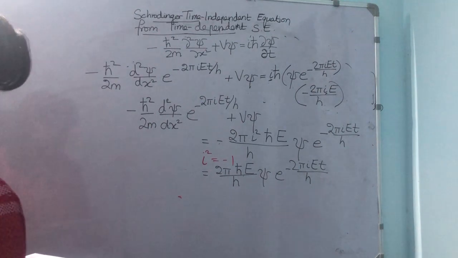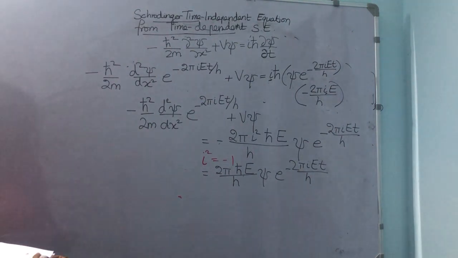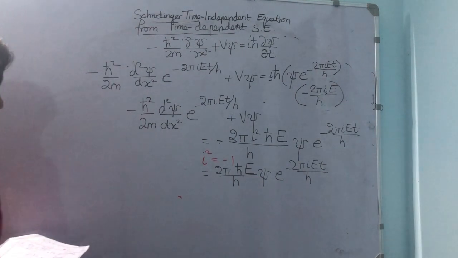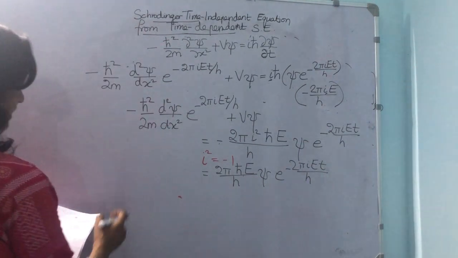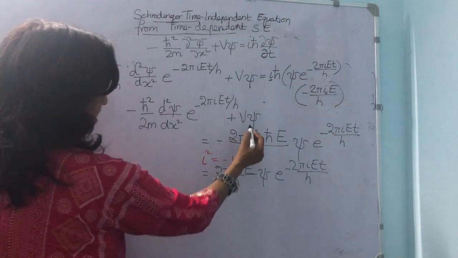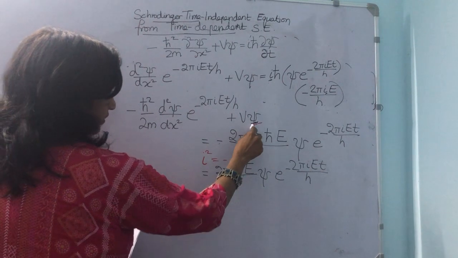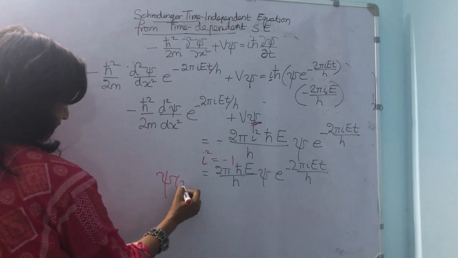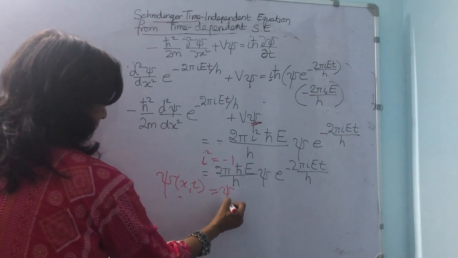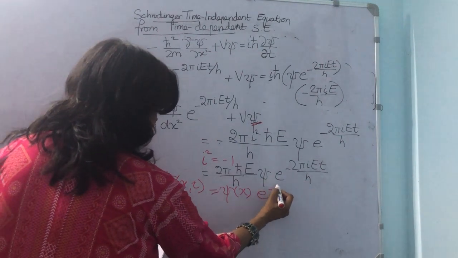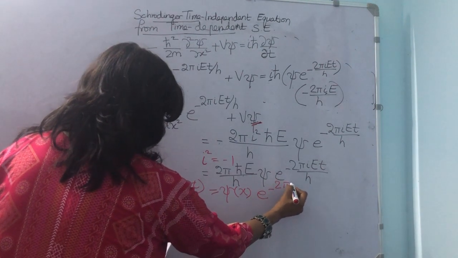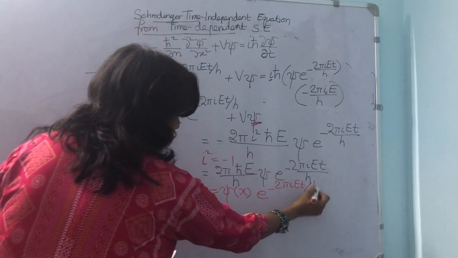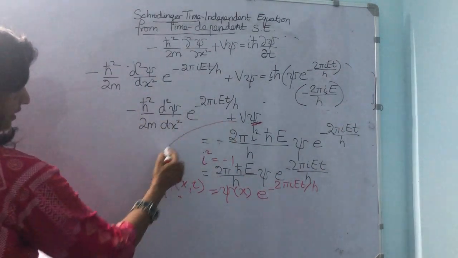Now we note that phi(x,t) is equal to phi(x) e^(−2πi Et/h), so instead of this we can write this.